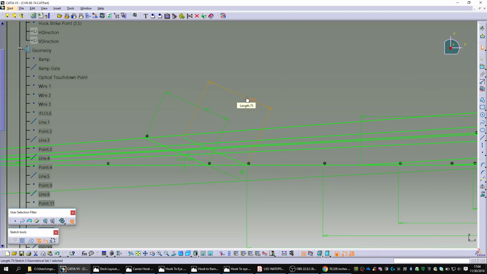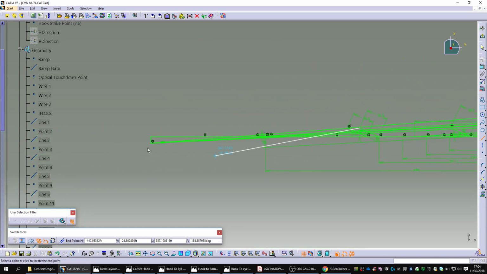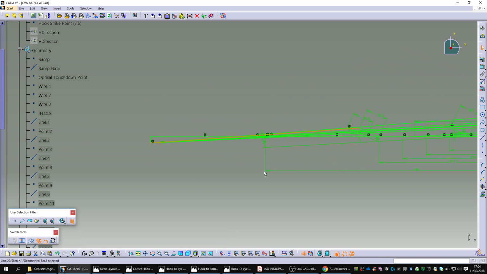There's 0.5. Okay, that kind of makes sense. So something less than that, but how much? I don't know. Figure it out.